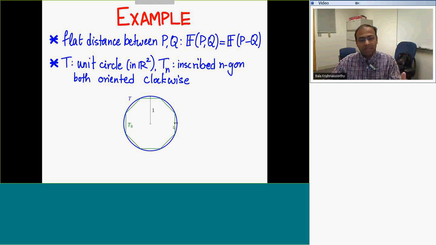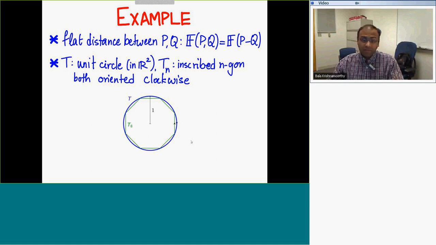So as n becomes larger and larger, the n-gon essentially comes closer and closer to the circle itself. So the measure of distance you prescribe should also go to 0 as n becomes large. Now if I take the mass of T minus Tn, this by itself is a one-current, a curve.